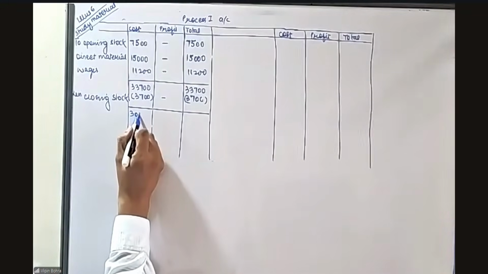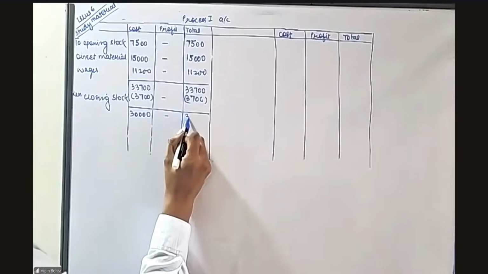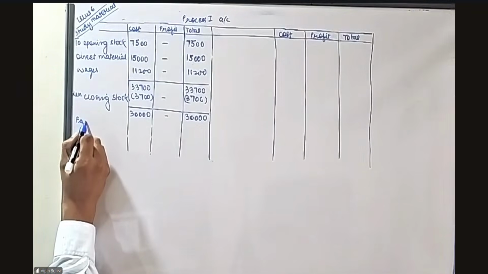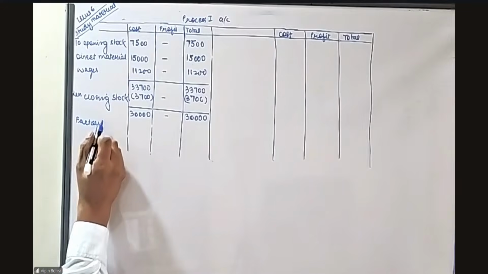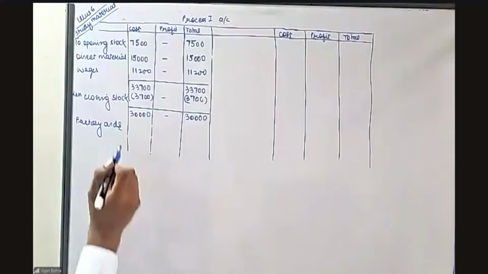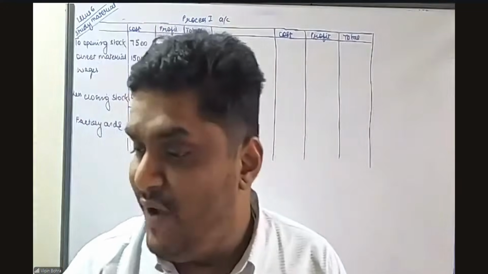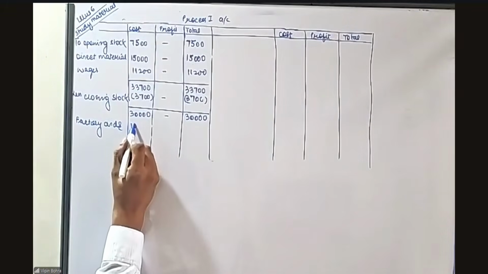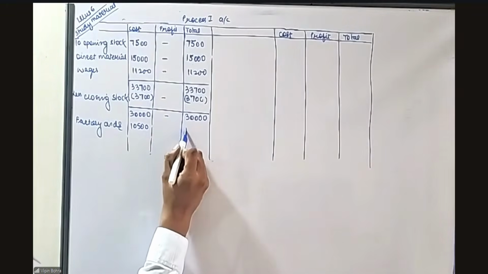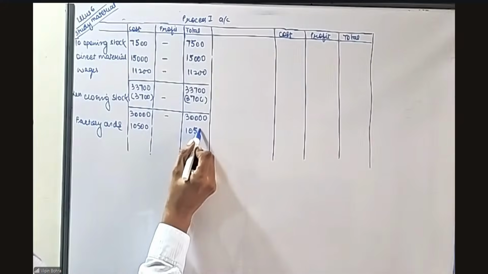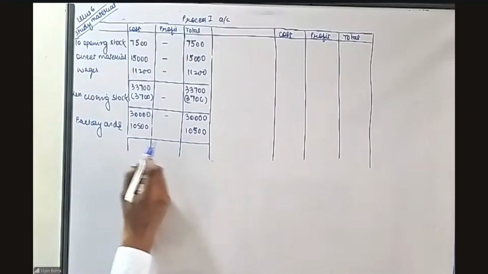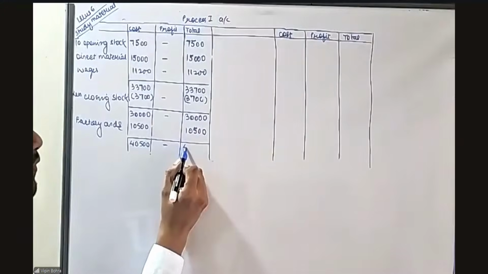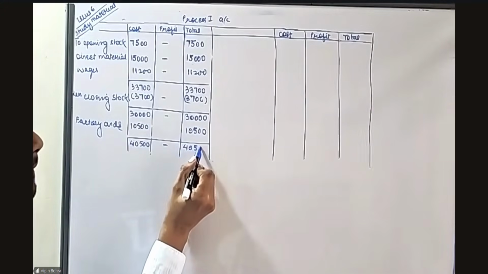So net it will be 30,000. In this we will add factory overheads. My factory overheads are 10,500. So my total cost will be 40,500.